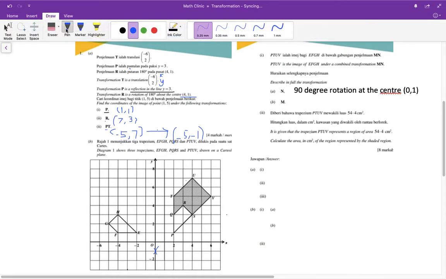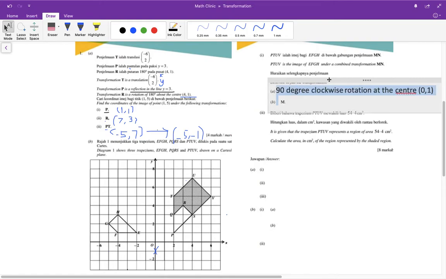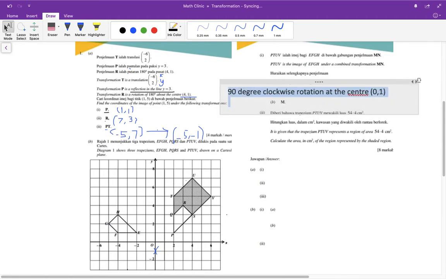Okay, so I just continue. The center, 0, 1. Oh, sorry, I missed out something. You need to mention whether it is clockwise or anti-clockwise. Oh my gosh, it's so big. Let's see if I could make it smaller.